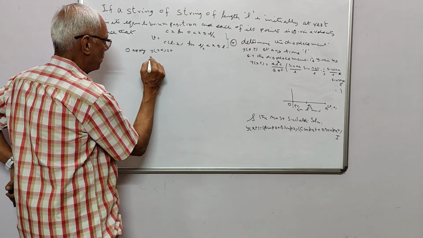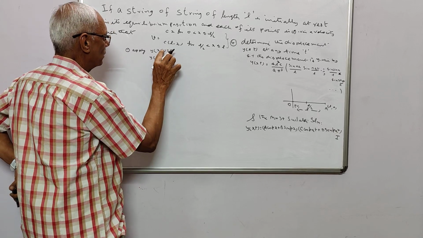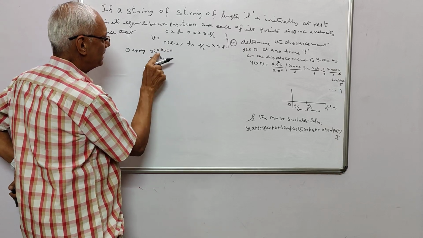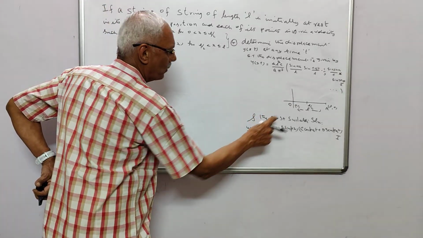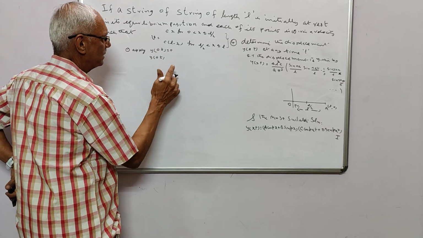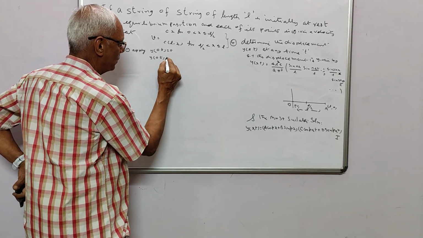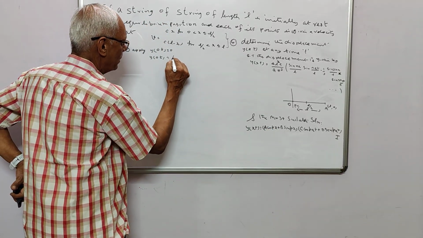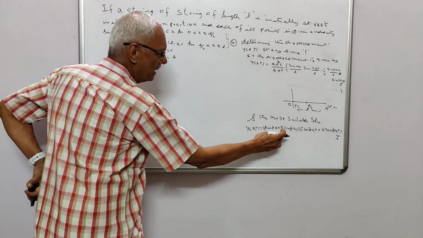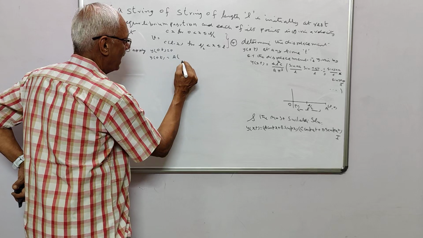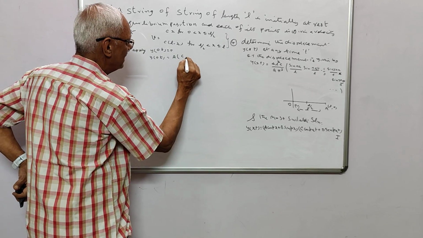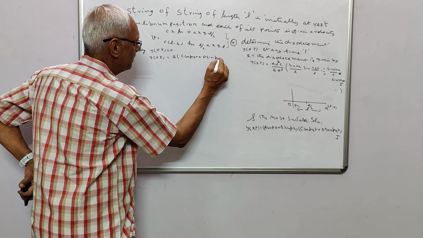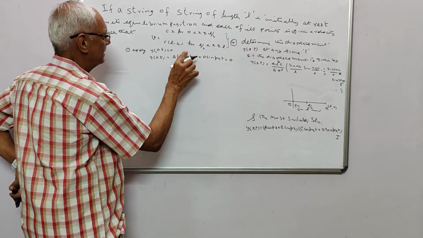So what will happen here now? y of 0,t, that is at the initial point, y of 0,t is equal to 0. Therefore, y of 0,t is equal to, wherever you get x, you put it as 0. So a cos 0 is a and b sin 0 is 0. And you write the rest of the things as (c cos pat plus d sin pat) is equal to 0 as per this condition.